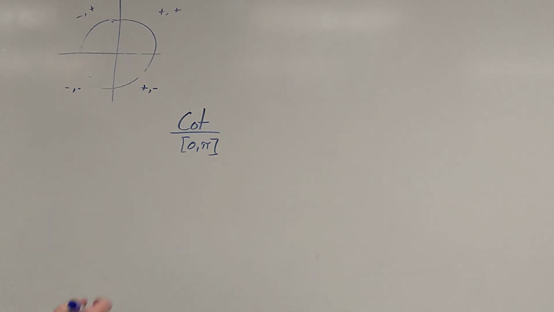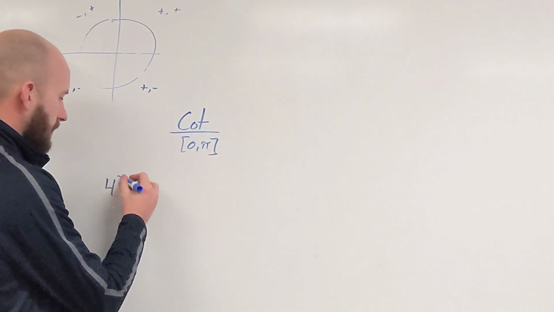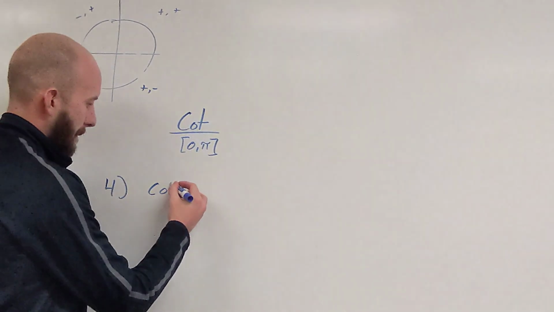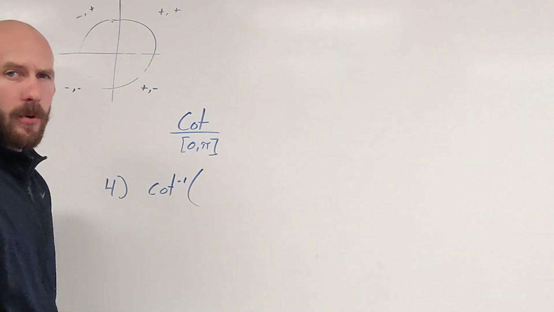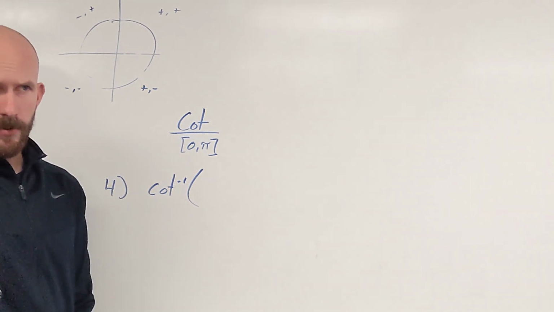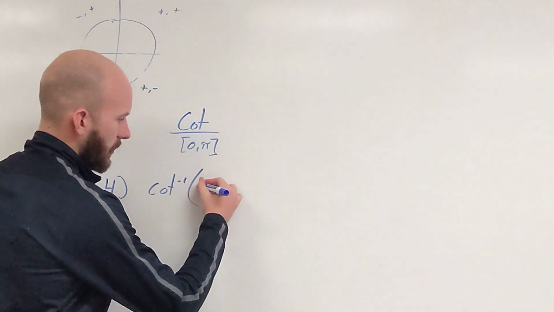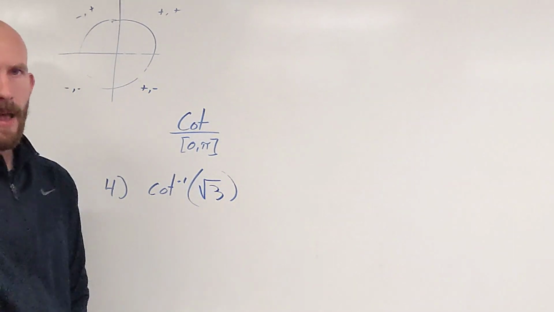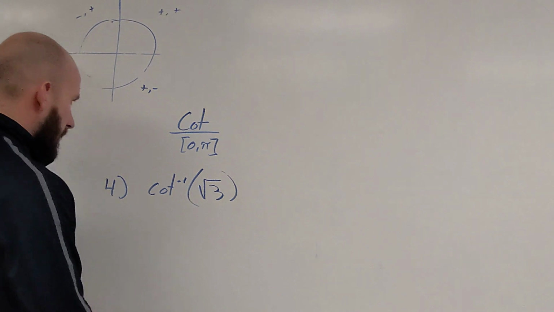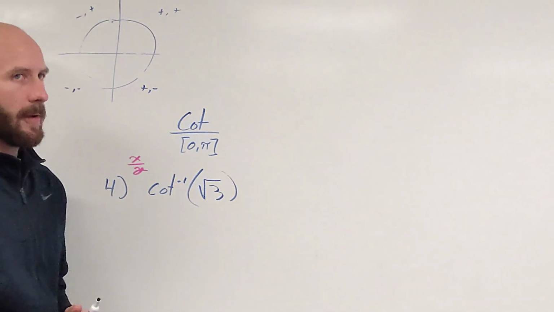All right, let's move on to cotangent now. This is example 4. Previously I did cotangent inverse of square root of 3 over 3. So let's do cotangent inverse of just square root of 3. We'll start with a positive value. Remember, cotangent is x divided by y.